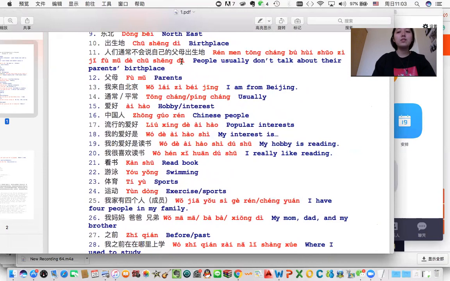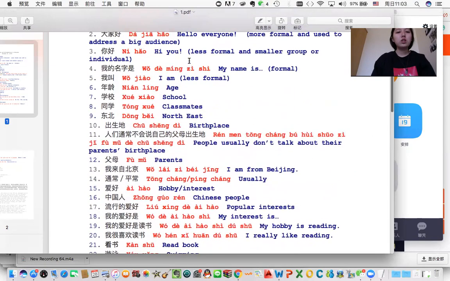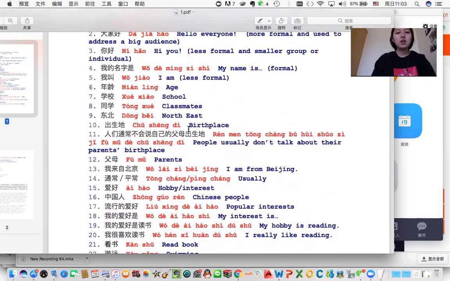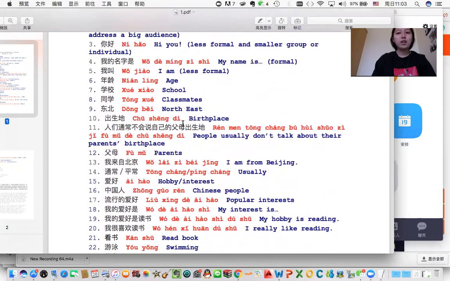And 父母 is parents, you all know. Basically, 自己的 is like myself. 自己 is like self. It's myself parents. That doesn't make sense in English, but it makes sense in Chinese. 父母 is parents, because 父 is father and 母 is mother. 出生地 is birthplace.